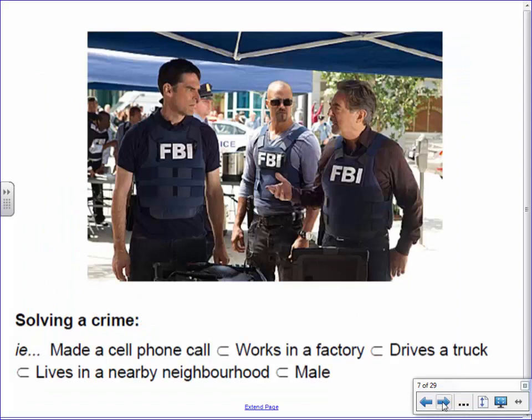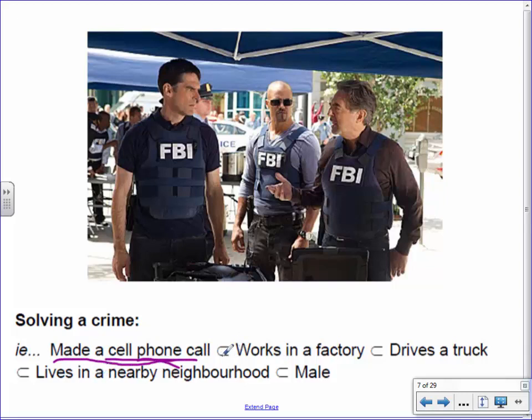I have a silly example of how this gets worked in everyday life. Narrowing things down actually works like this. You guys ever watch those crime TV shows like CSI or Criminal Minds? Imagine this was the scenario. First, you want to figure out everybody who made a cell phone call nearby. There are 8,000 people who made a cell phone call.